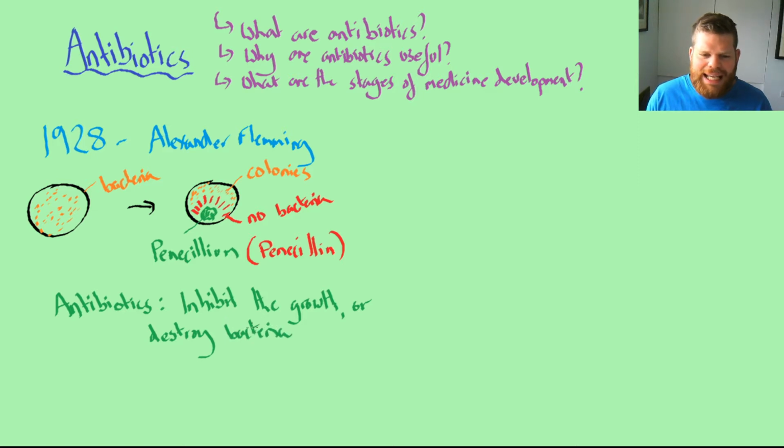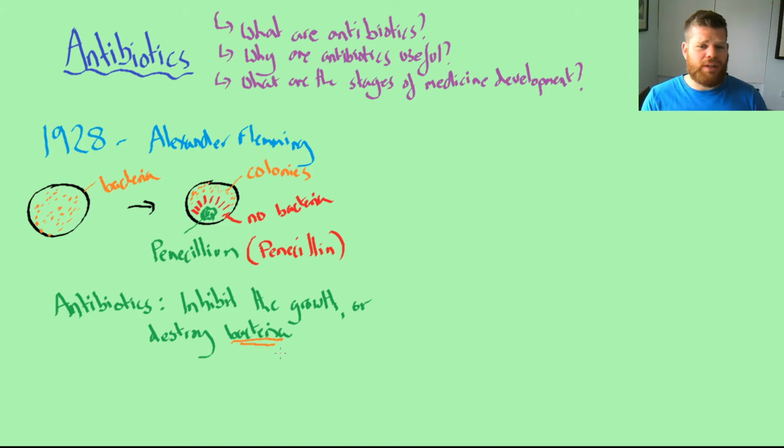Now, there is a really key word here, and it's this one here, bacteria. What that means is the great thing about this is the antibiotics have no effect on human cells. They only affect the bacterial cell processes. So they either stop the bacteria growing or they actually destroy the bacteria.